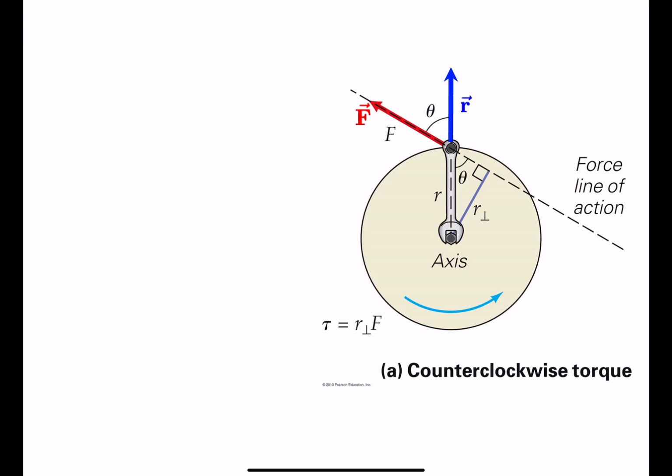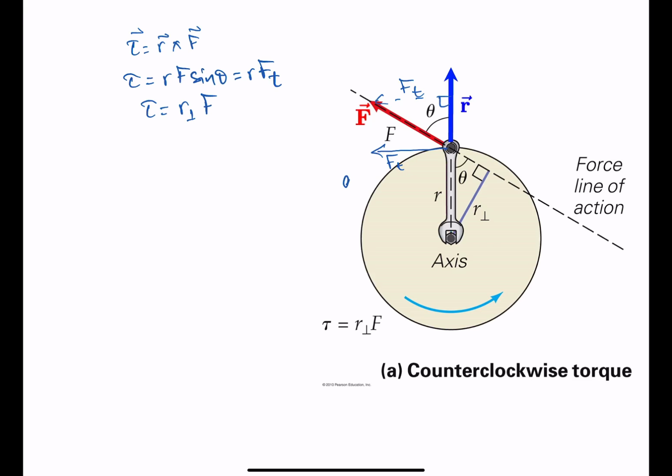In this picture, if I create this component, this will be F_t, perpendicular. R perpendicular is here. Torque is r cross F, which is r F sine theta. You can write that as r times F_t, or as r perpendicular times F, whichever is convenient for you.